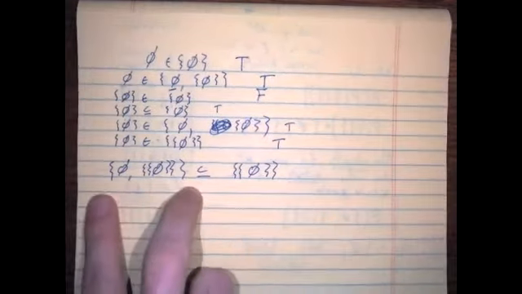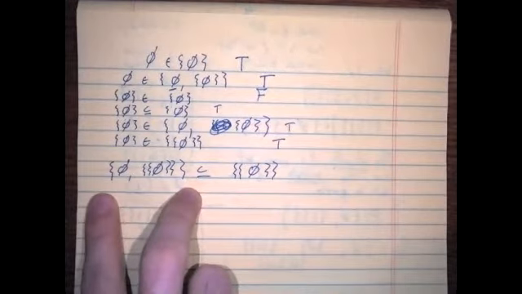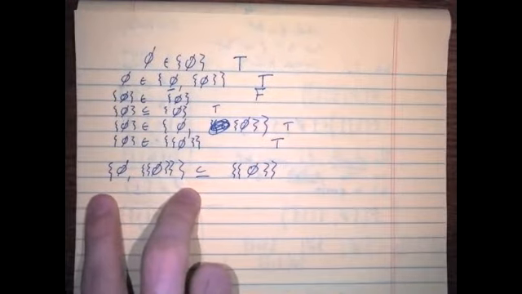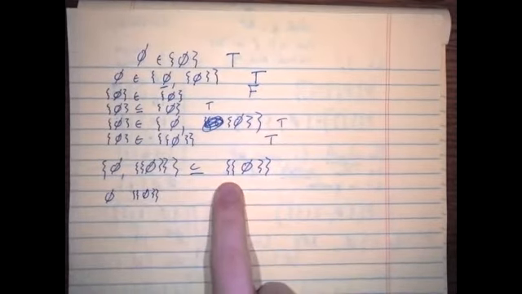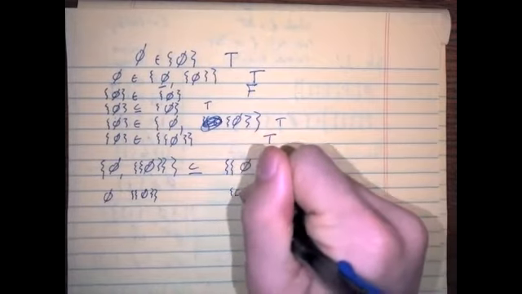First question, what are the elements of this set? Yeah, that's correct. There are two elements in here. One is the empty set, and the other is the set containing the empty set. What are the elements of this set? The set containing the empty set.